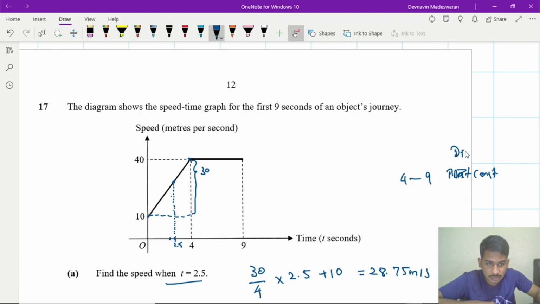Then 0 to 4 is going to increase at an increasing rate, because we're speeding up, right? The faster you travel, the more distance you cover.